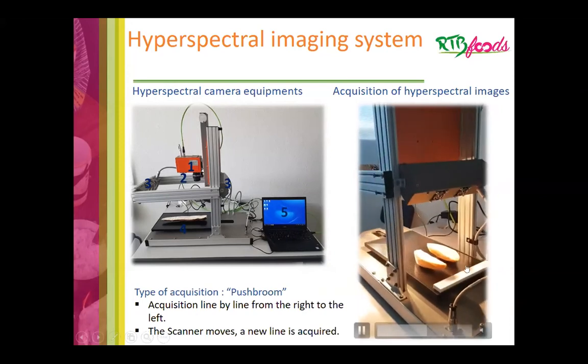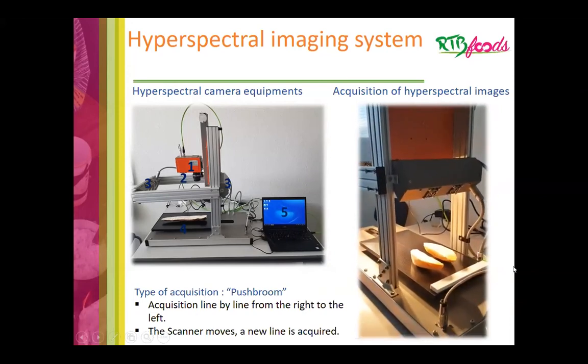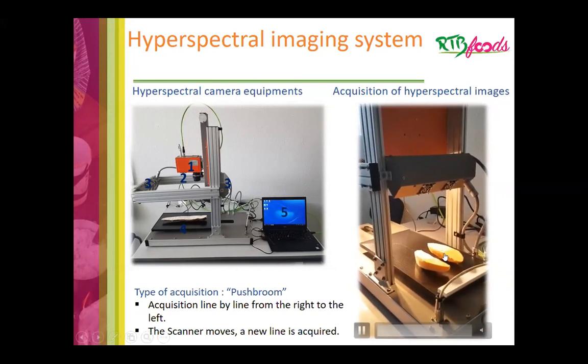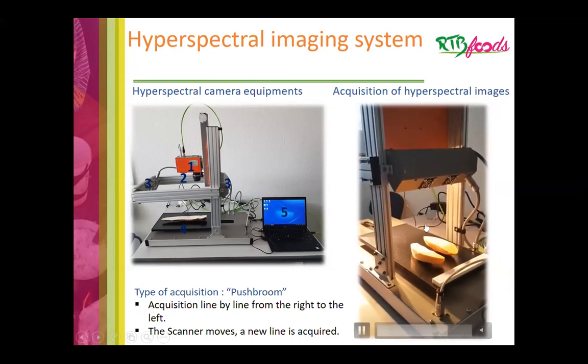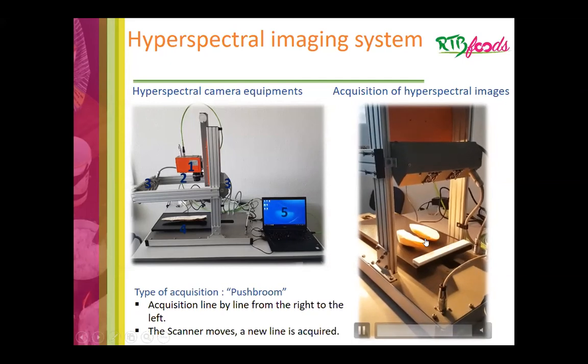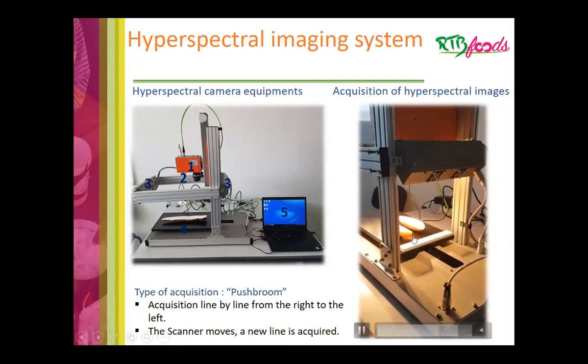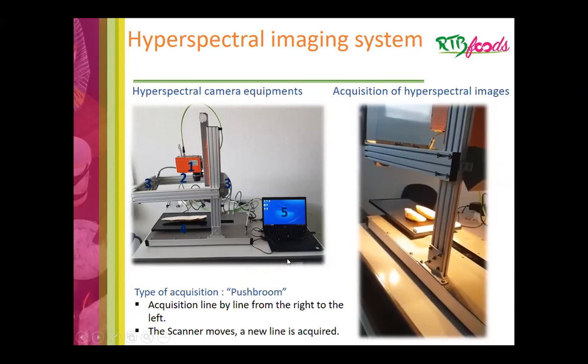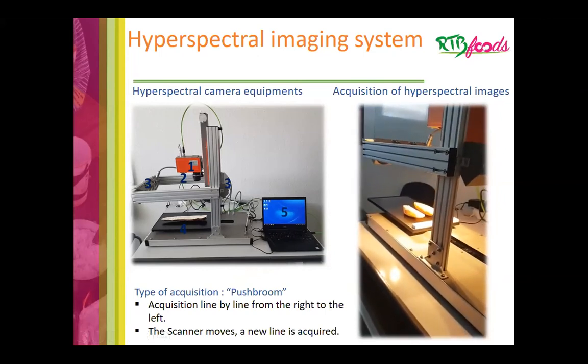And then the image of the white reference is recorded. Lastly, the image of the target samples is recorded. Of course, the type of acquisition is push broom, which means that the acquisition is line by line from the right to the left. And when the scanner moves, a new line is acquired.